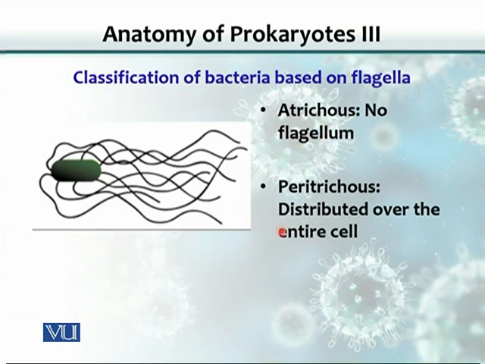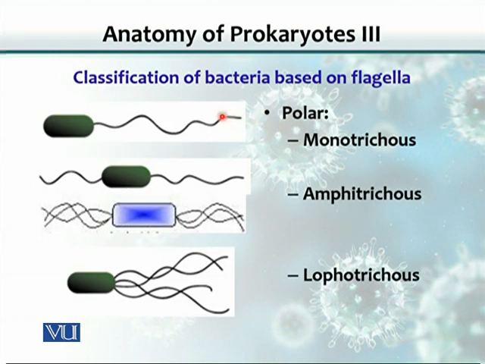Atrichous. Then, if a bacterium possesses many of these flagella distributed around the cell, we call it peritrichous. Peri means around, so peritrichous, distributed over the entire cell. On the basis of these flagella, we can call bacteria polar also, because if they're on the ends, like the poles, we call them monotrichous if there's one hair-like structure.